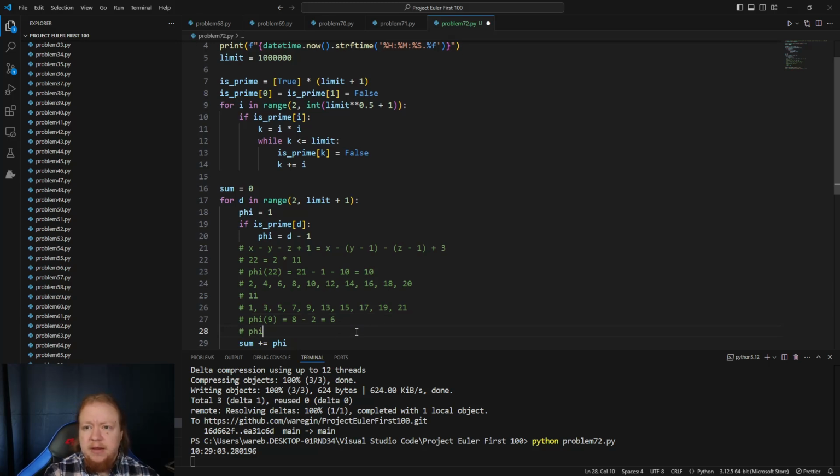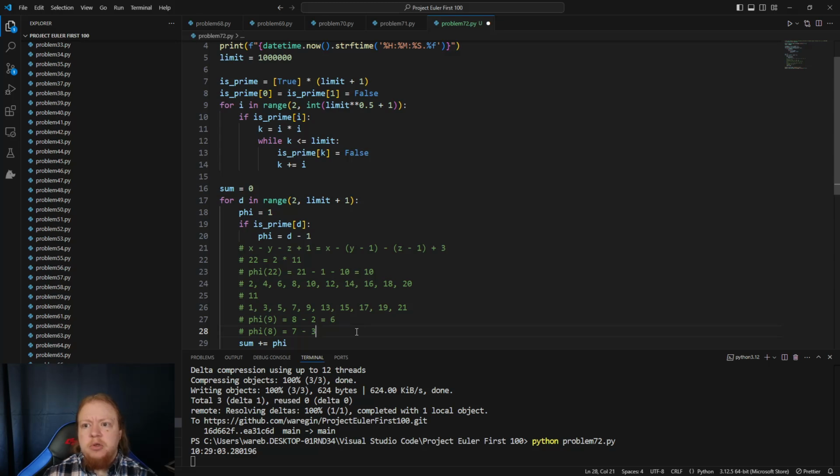So, by that same logic, phi of 8 is equal to 7 minus... let's see, it's 2 times 2 times 2. There are 3 multiples of 2 that are less than 8, so it's the number of 2's.